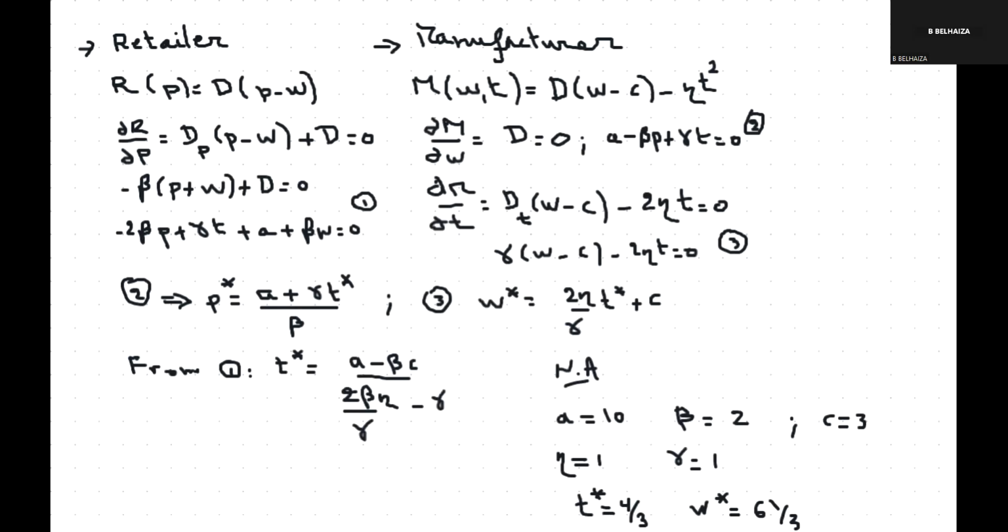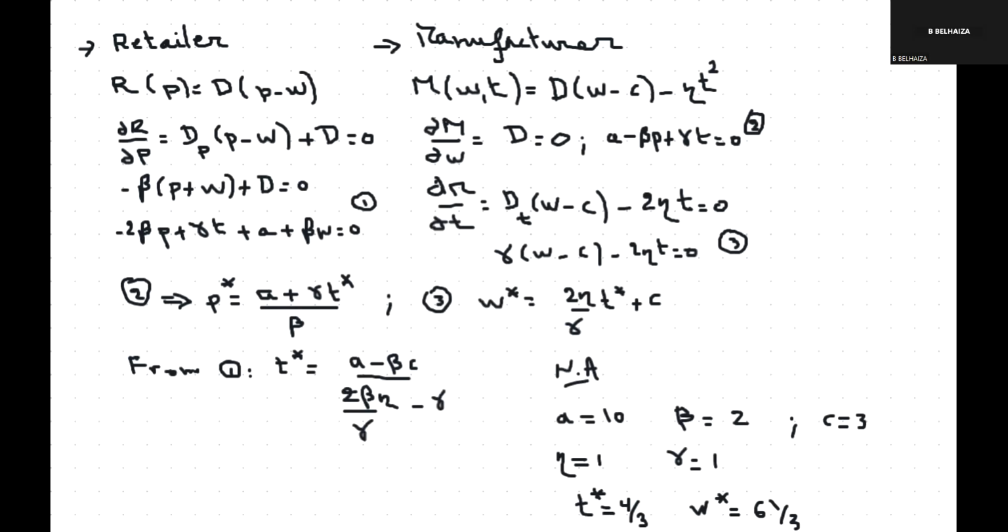If you plug in the derivative of the demand with respect to P, which is minus beta, you get minus beta times P minus W plus D. And if you plug in the expression of D we've seen in the slide, you get finally this equation. I'm calling it equation 1, which is minus 2 beta P plus gamma T plus A plus beta W equals 0.